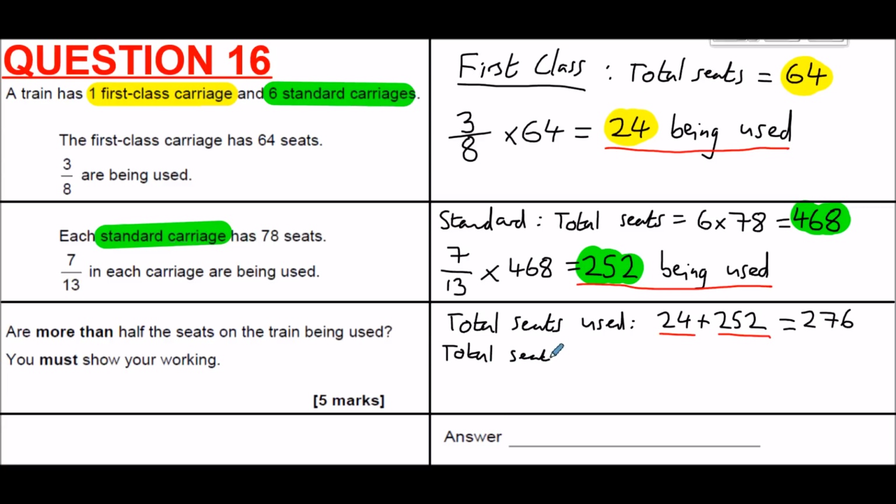Total seats on the train: well, 64 first class seats and a total of 468 standard seats.